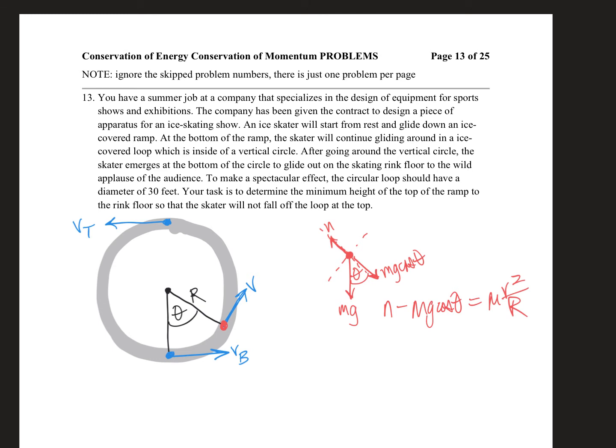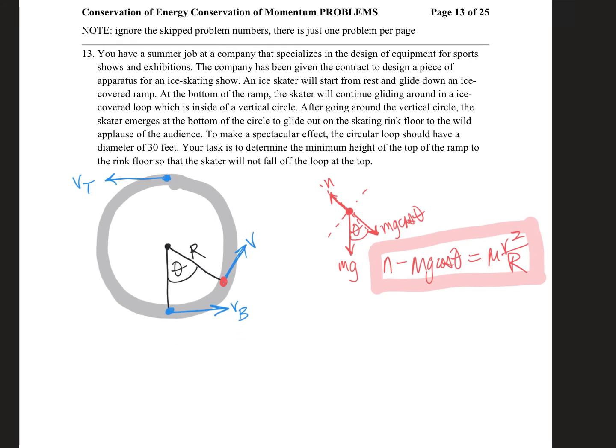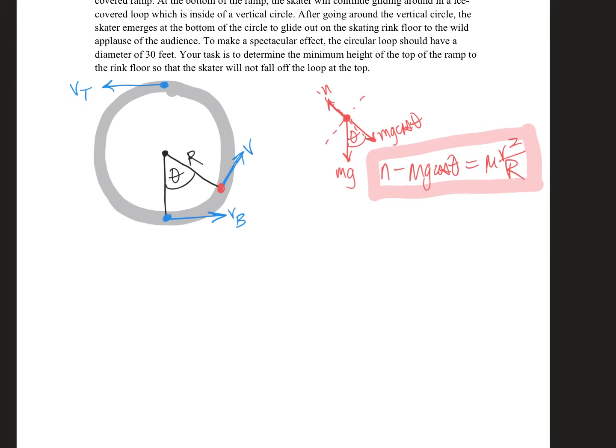Okay, so we have this force consideration, or we've modeled this force interaction here, and R is going to be related to the gravitational part of this puzzle because of the way this is set up.